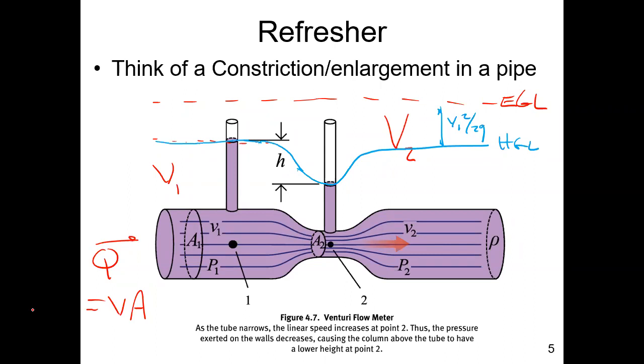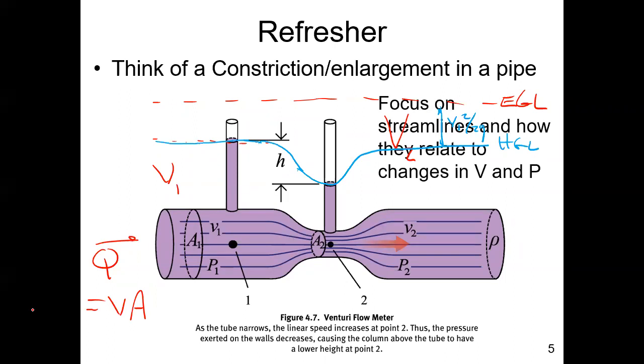Conclusion: streamlines far apart, pressure high. Streamlines close together, pressure low. Got that? Focus on the streamlines and how they relate to changes in velocity and pressure. So close spacing.